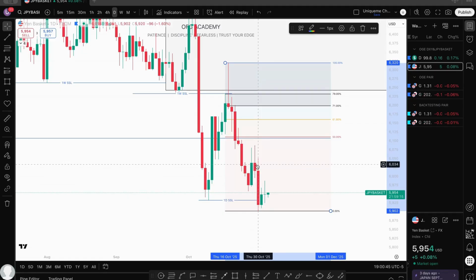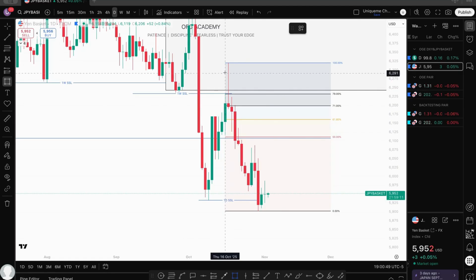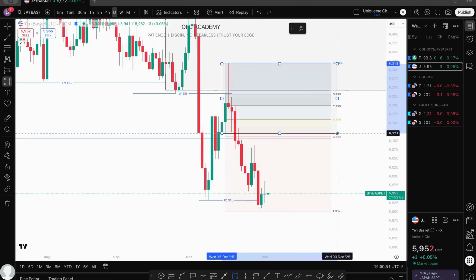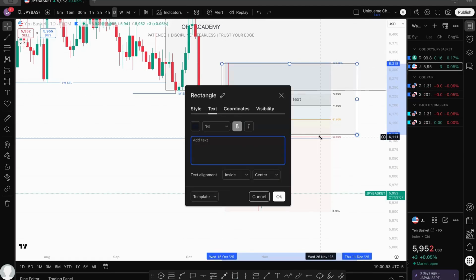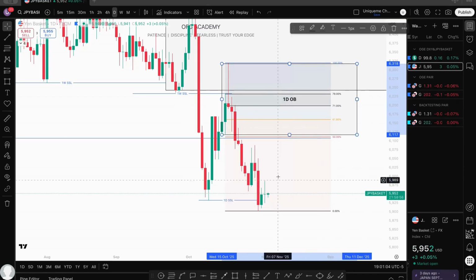I came up with my own kind of rule to know it's a valid break of structure. So I'll go with this one. It's another block, 1 day OB. And I'm expecting price to sell up to this level.